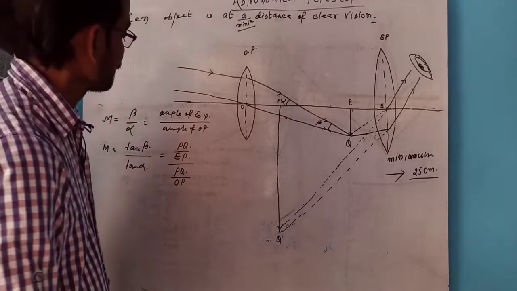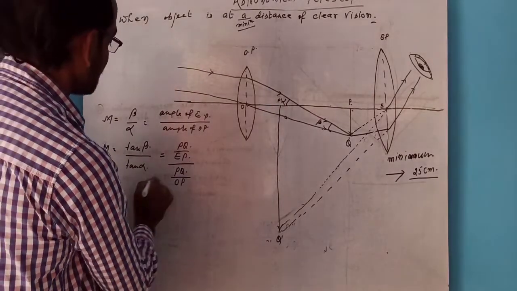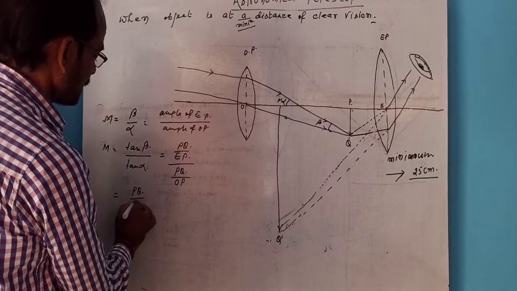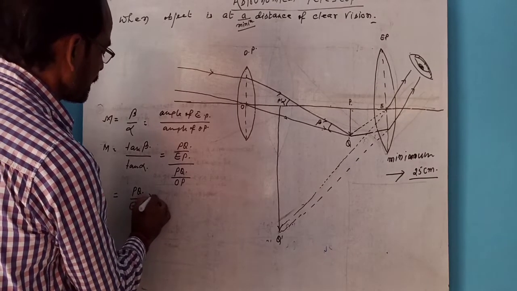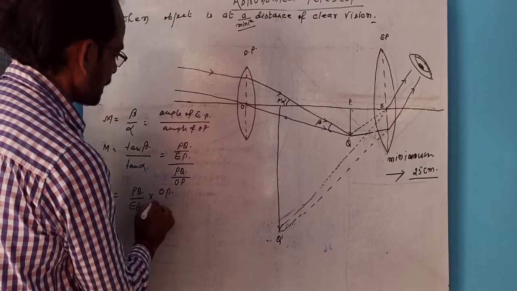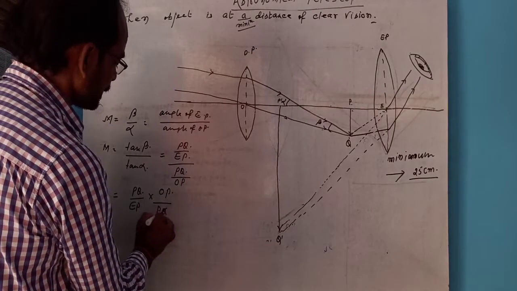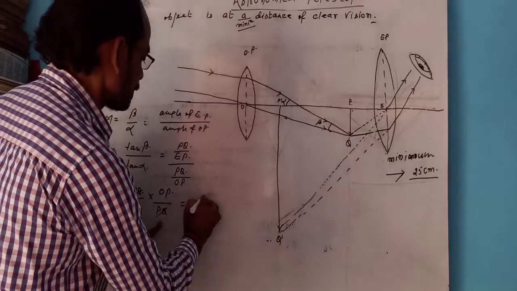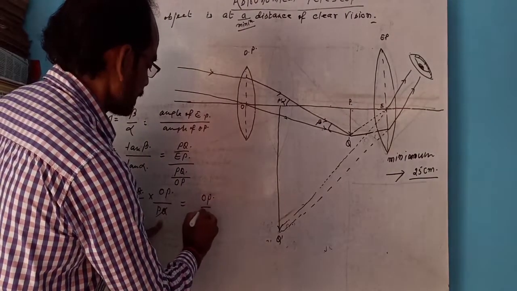So when it is operated, PQ by EP equal to OP by PQ. PQ is eliminated to form OP upon EP.